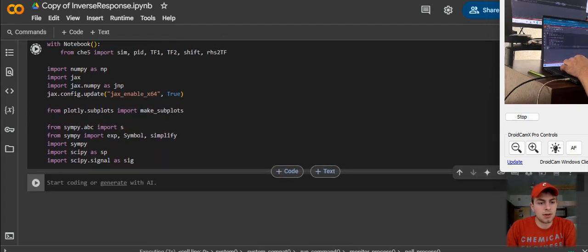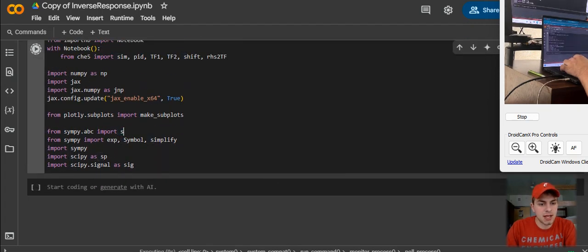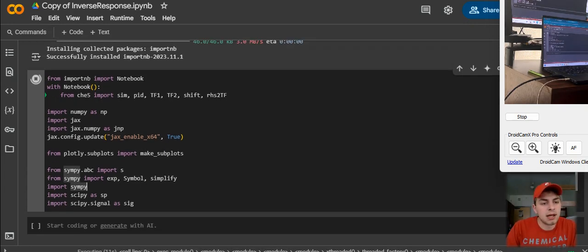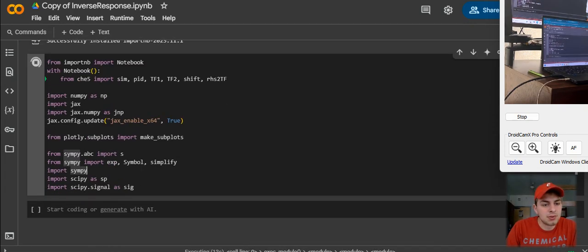These imports are to import specifically this S from the SymPy library. Obviously, S is the variable of interest that we're going to be writing into our code here, as well as we're importing this sim function from a chemical engineering library.